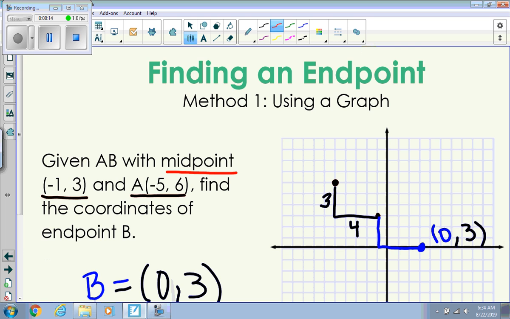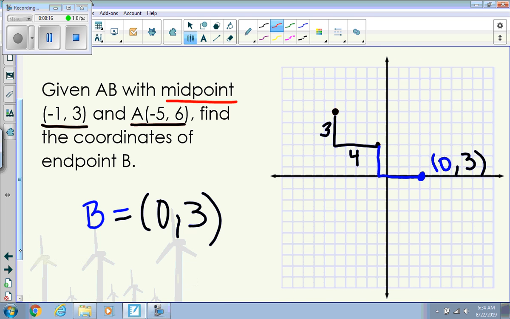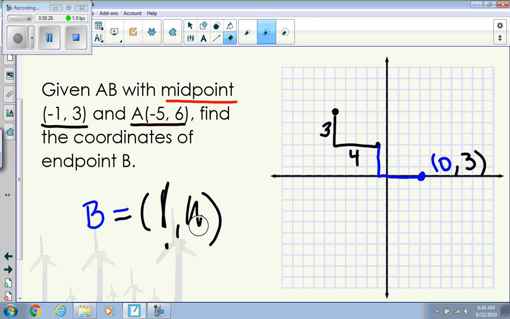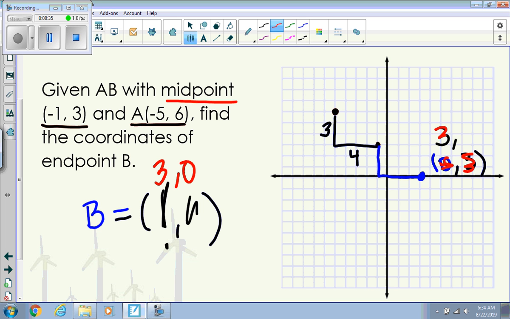I want to go back to this. I wrote my point wrong. That should say 3, 0 and not 0, 3. So hopefully someone caught that while they were watching this. So 3, 0, okay, because we put our x's first. So 3, 0 there.